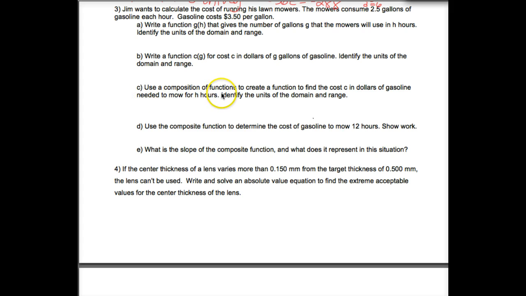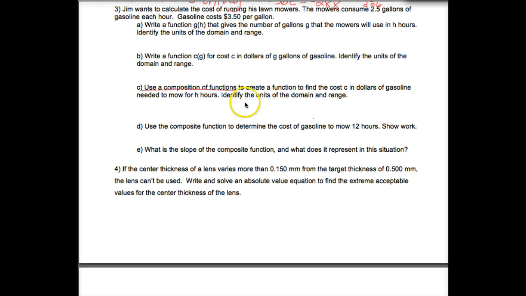It says use a composition of functions to create a function to find the cost C in dollars of gasoline needed to mow for H hours. Now notice in A and B they told you the names of the functions, G of H and C of G. It says use a composition. We should know what composition looks like by now.